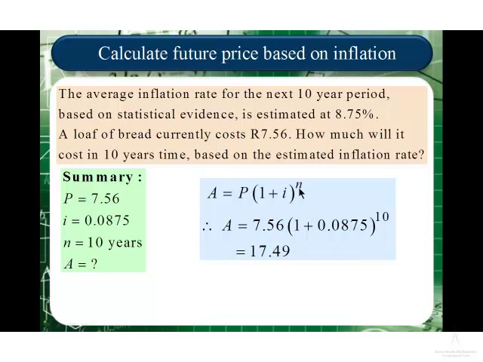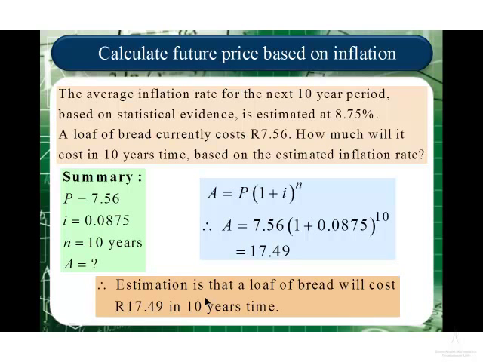The interest which applies and the number of interest periods 10, if you substitute that, we can actually calculate using this exponential growth formula linked to the compound interest to find the estimated bread price in 10 years time. So the estimation is that a loaf of bread will cost R17.49 in 10 years time. That is based on average inflation.